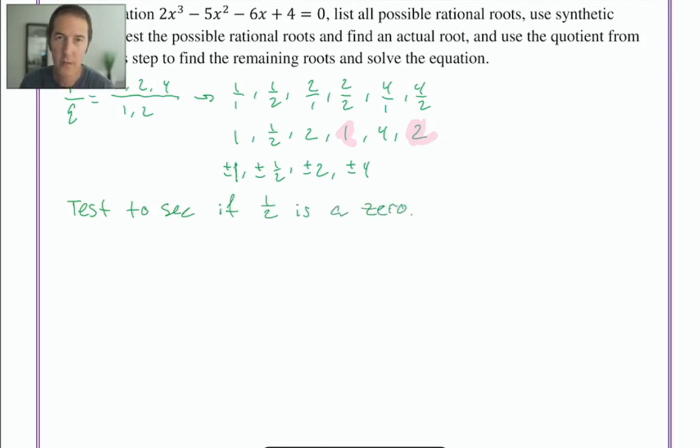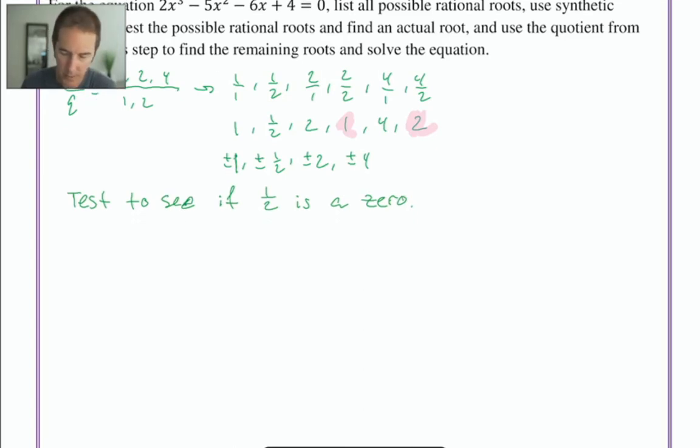We're going to test to see if 1/2 is a 0 by doing synthetic division as the instructions recommended.